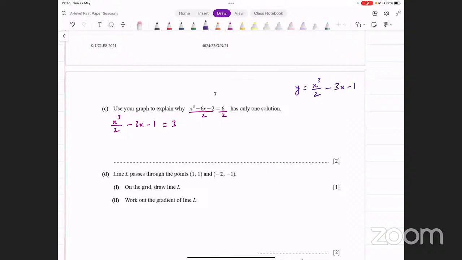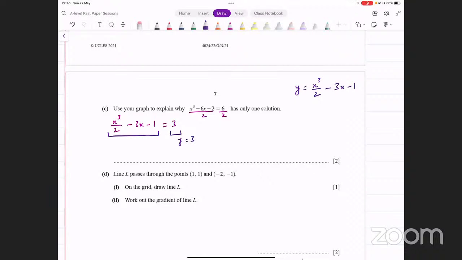So now we basically have these two functions. One function is y equals x cube over 2 minus 3x minus 1, which is the graph you have already drawn above. The other graph, on the right side, is y equals 3.